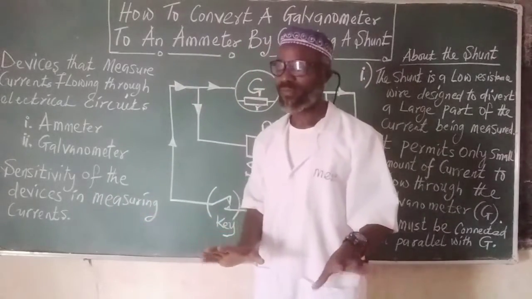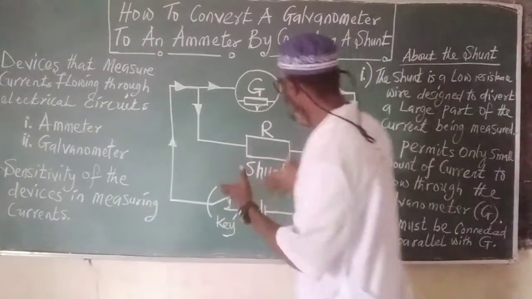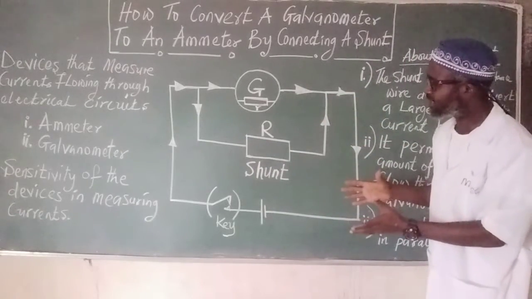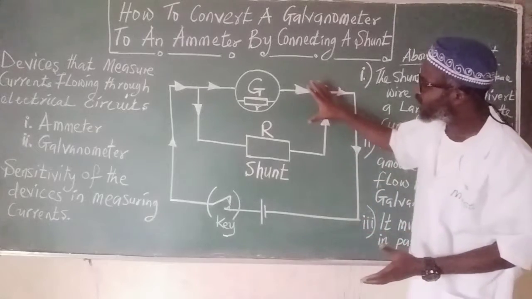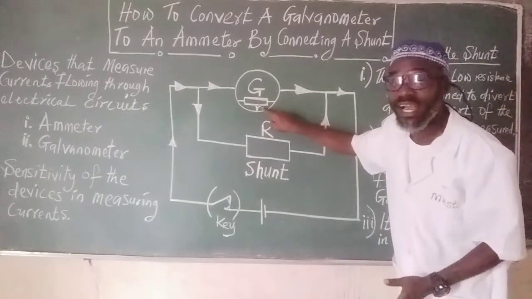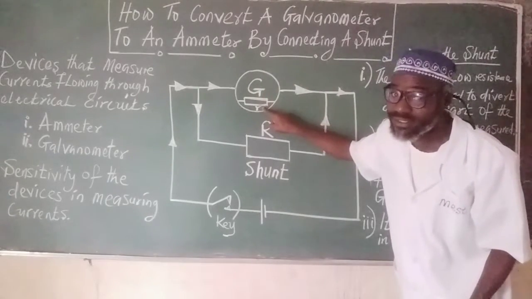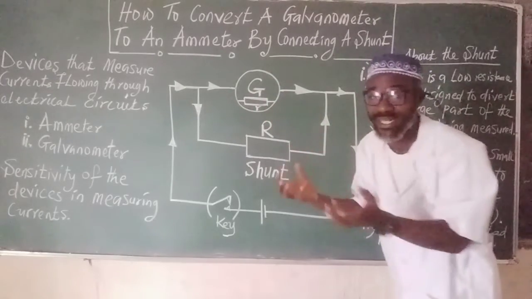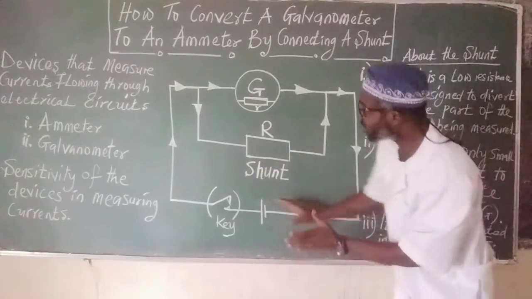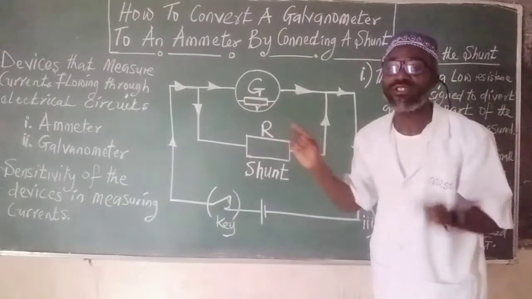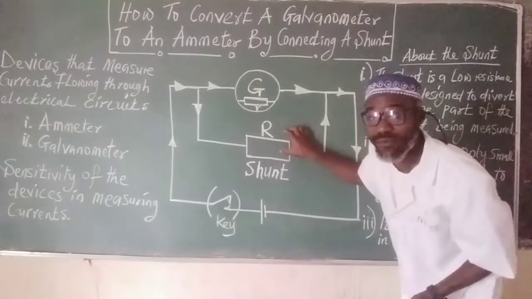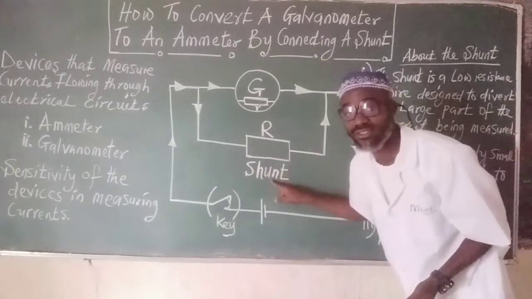With that said, now let's go into explaining what the diagram is all about. The diagram is a representation of a galvanometer with an internal resistance. This galvanometer is expected to give full-scale deflection when current is supplied to it. But there is something that we're about to achieve here, and that's why we have an external resistance known as shunt.